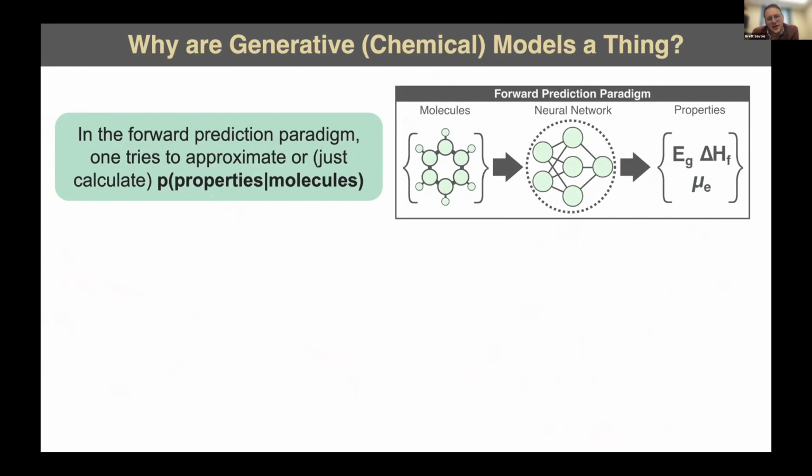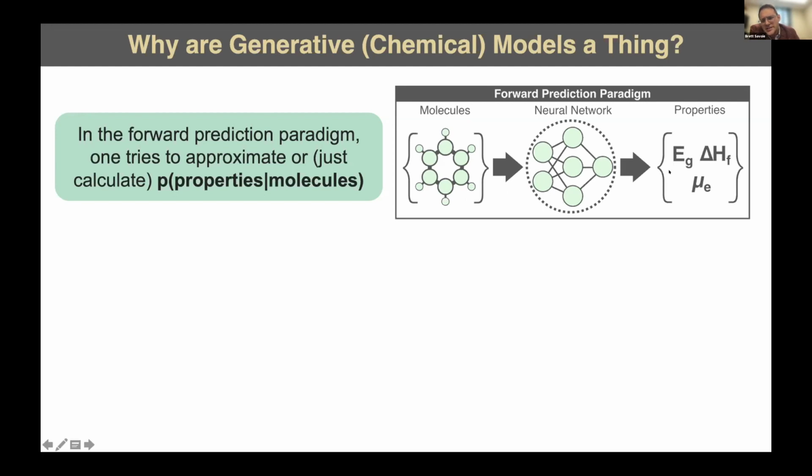And you could argue that the forward prediction paradigm, which is what scientists have always done, going from molecules to properties, either through a direct physics-based calculation or through a surrogate model, a neural network or something. This is very efficient, right? So there's been decades of work on high throughput automation of this forward prediction task, trying to go from molecule to some set of properties that you care about.